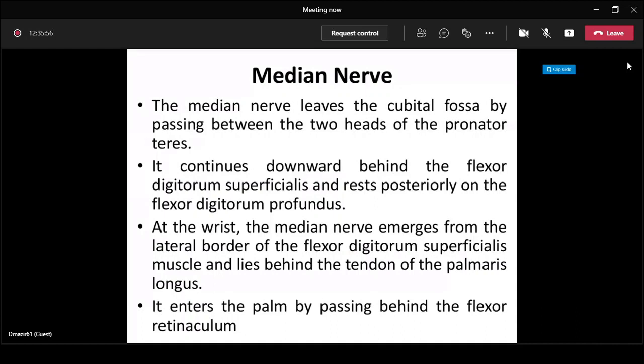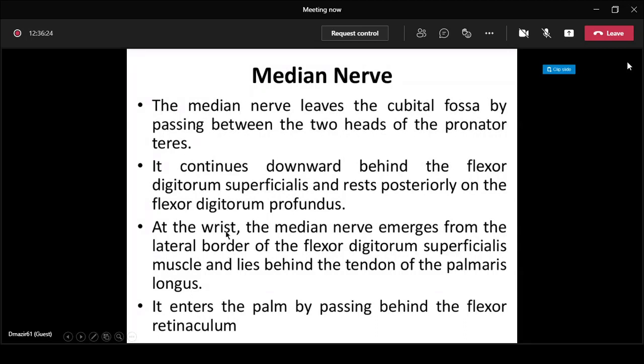It travels along the brachial artery in the arm and reaches the level of the cubital fossa, and it passes between the two heads of the pronator teres. Next, it continues down behind the flexor digitorum superficialis and rests posteriorly on the flexor digitorum profundus.